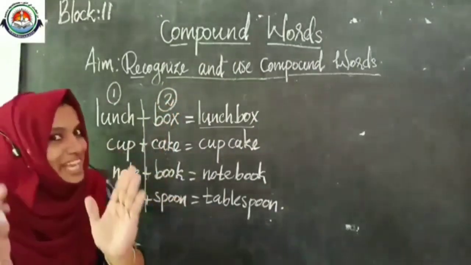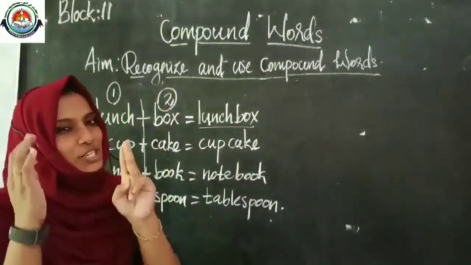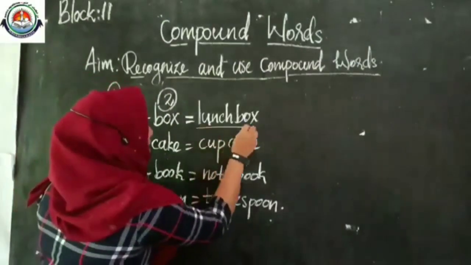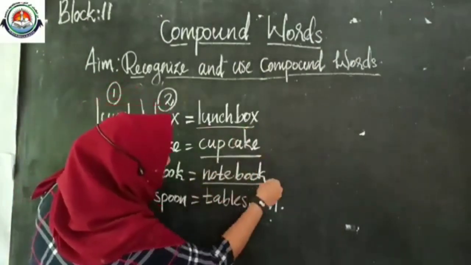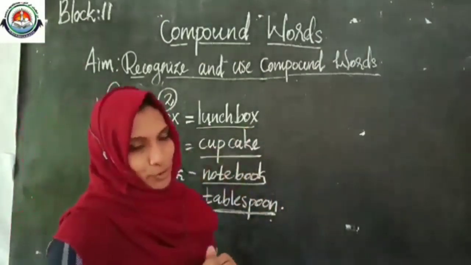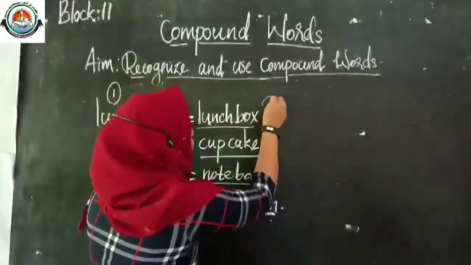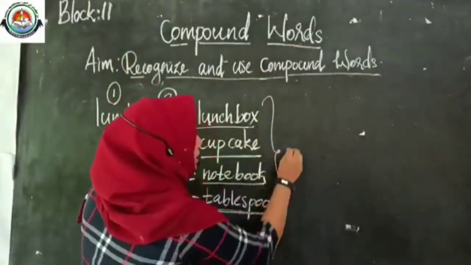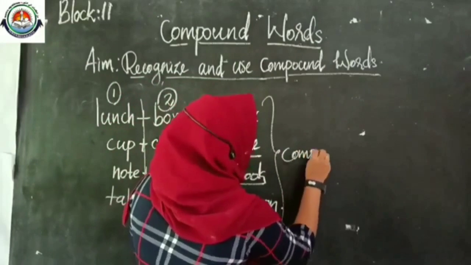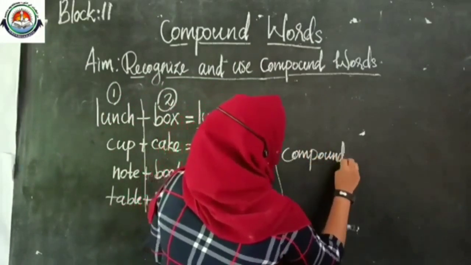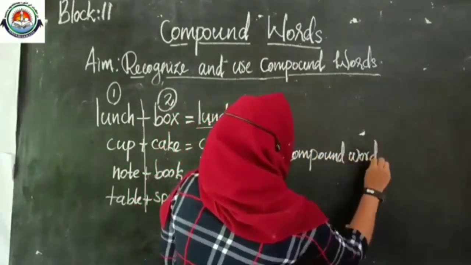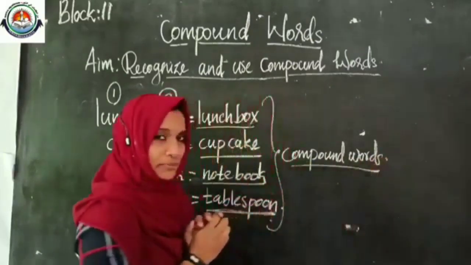So here we have put two words together to make a new word. It is called compound words. So these all words are compound words. Why?